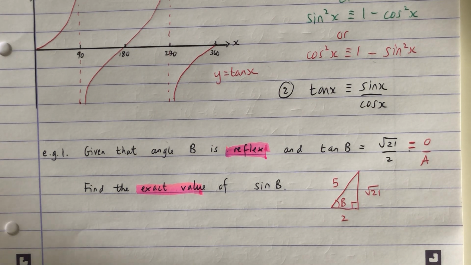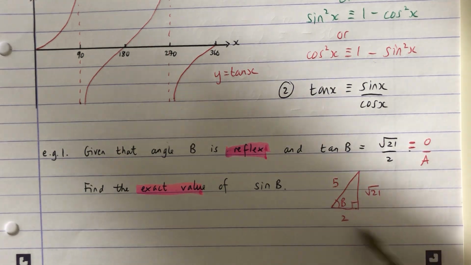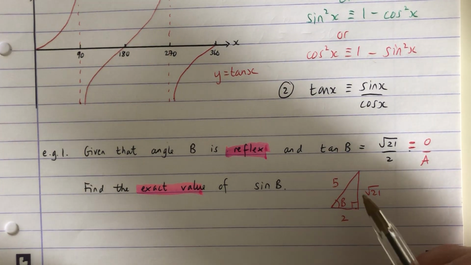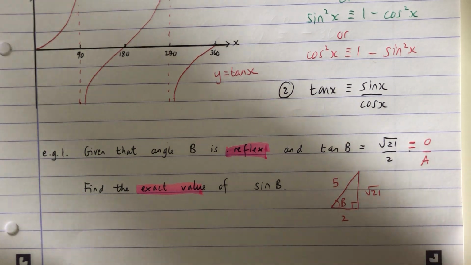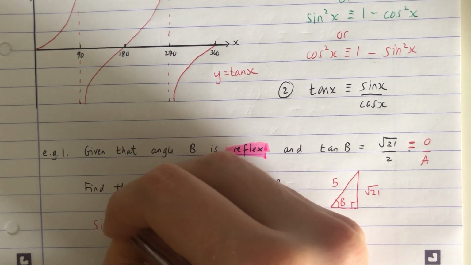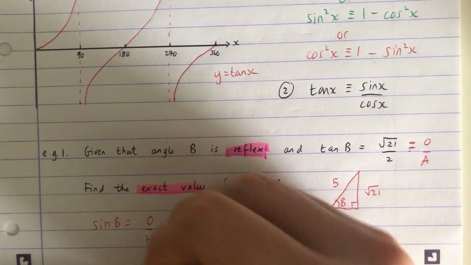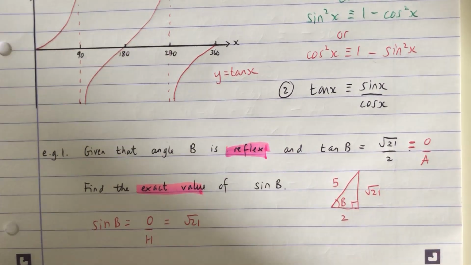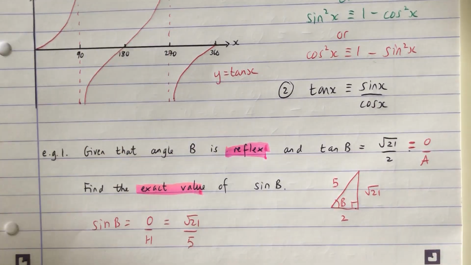And the reason why you would want to work out the hypotenuse is because sine is defined as opposite divided by hypotenuse. So sine would be O over H, which in this case is root 21 over 5.